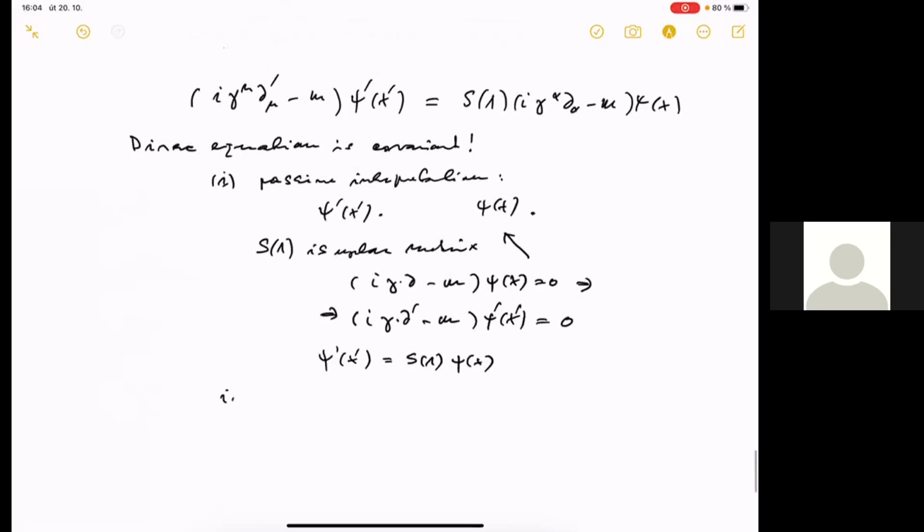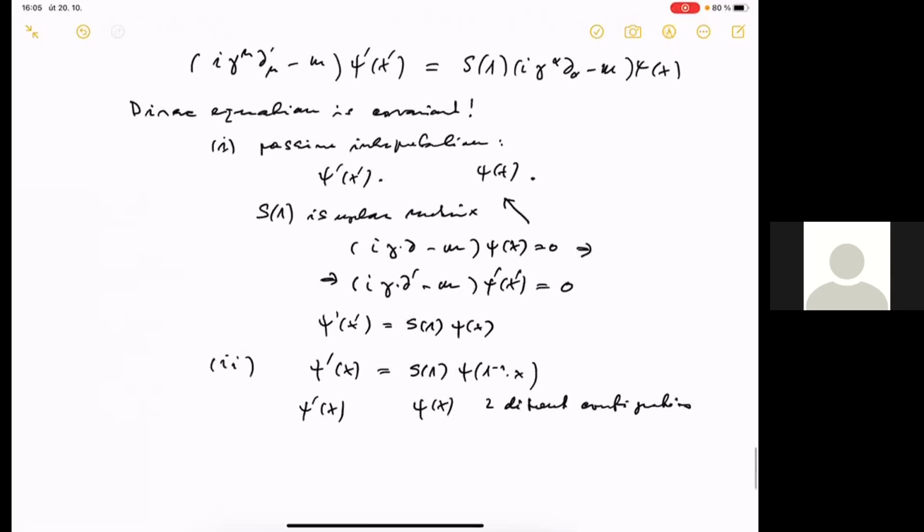We have also active interpretation. We can say, okay, so our psi prime x is, as in our active interpretation, just this S lambda times psi lambda inverse times x. This psi x is one configuration. This psi prime x is second configuration.